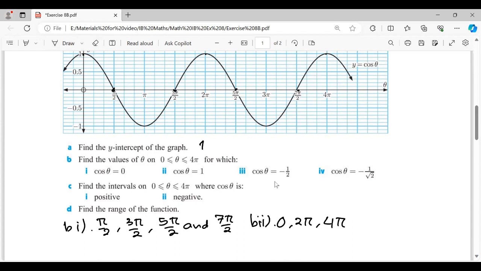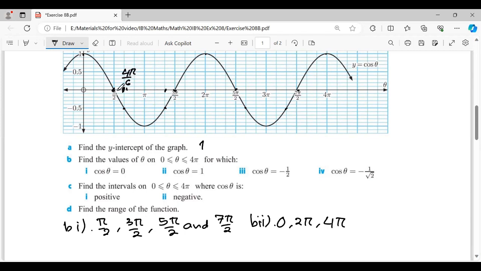Next, if cosine theta equals negative 0.5, negative half, this one, it means 1, 2, 3, 4. This is 4 pi over 6.